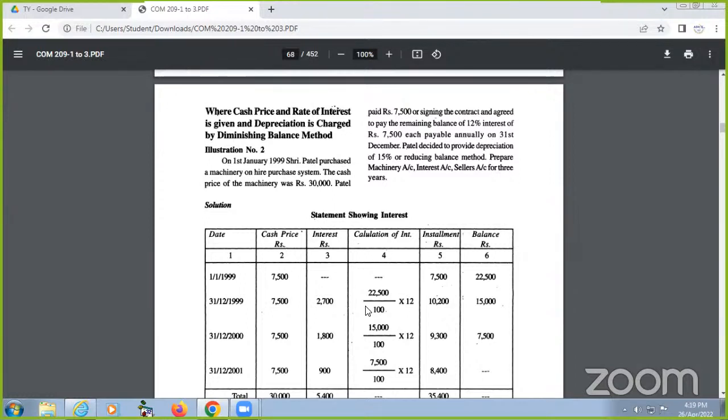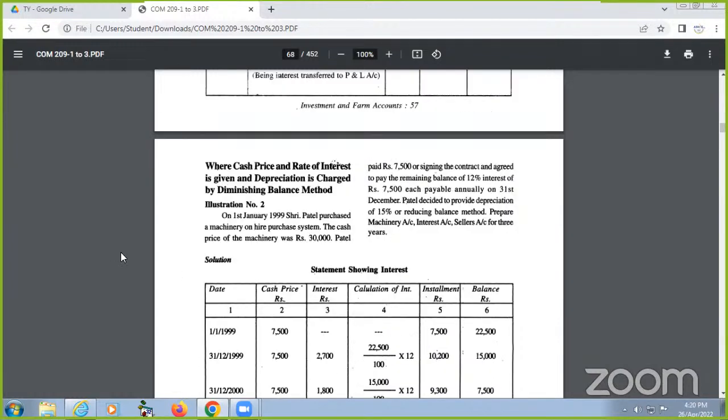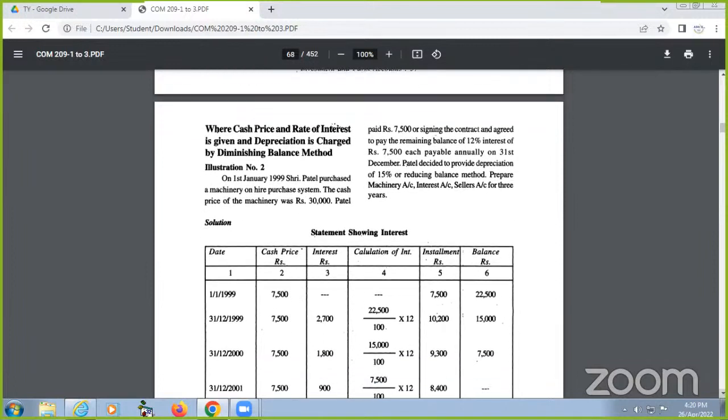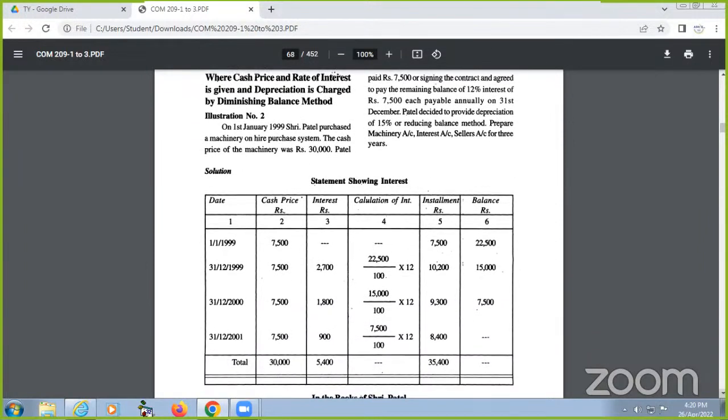So basically, in every problem, there is one term which is shown in the table. We follow the instruction and make this correct table.